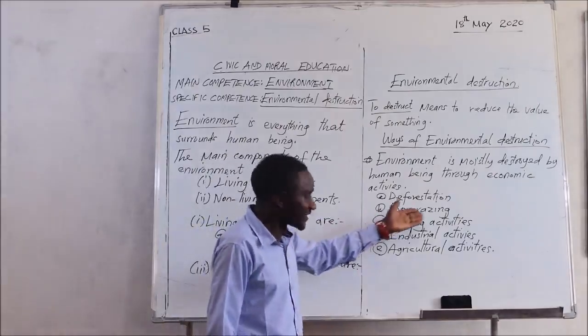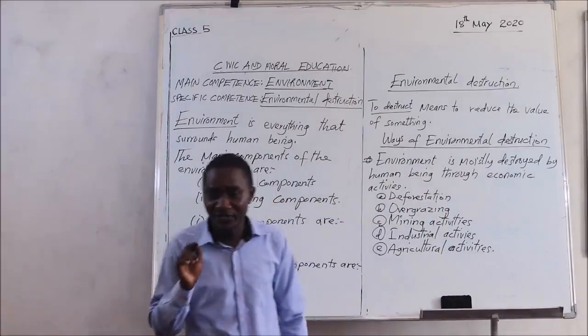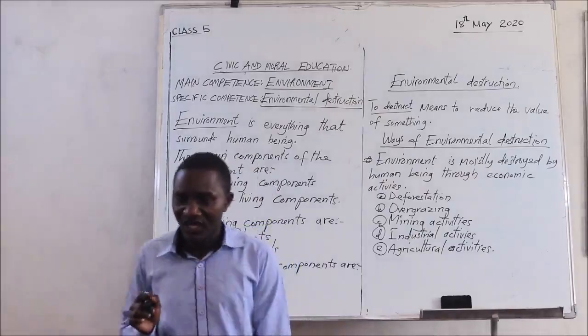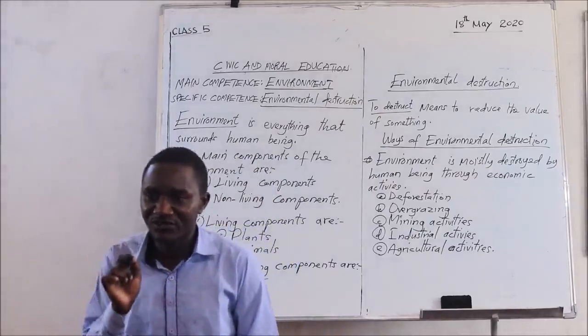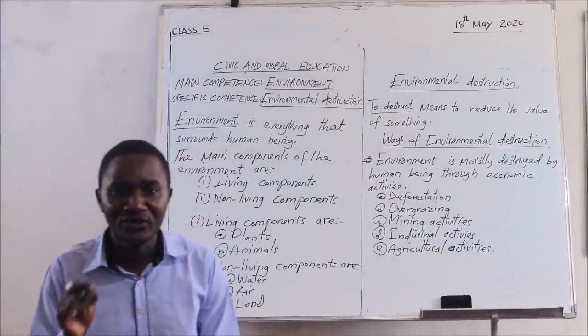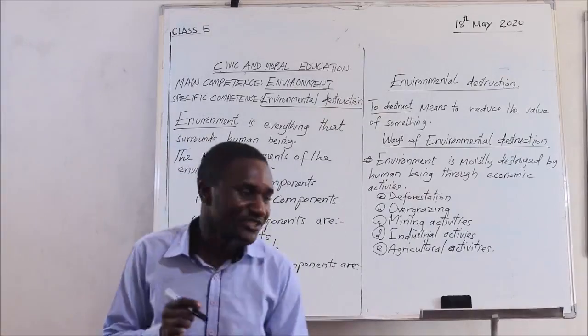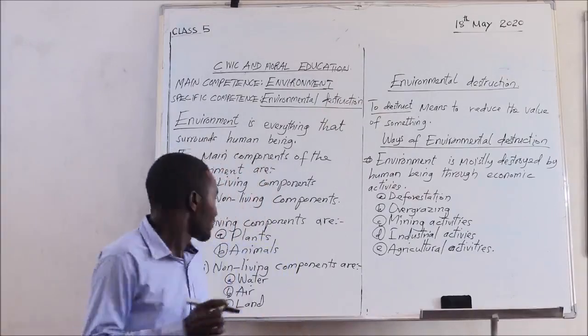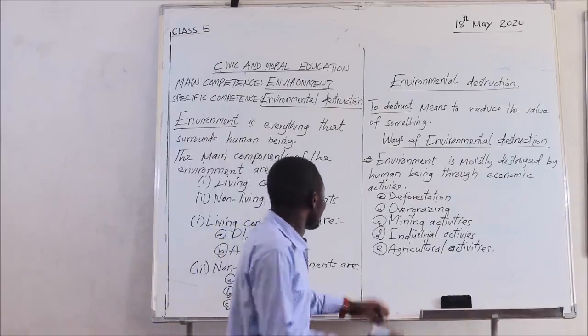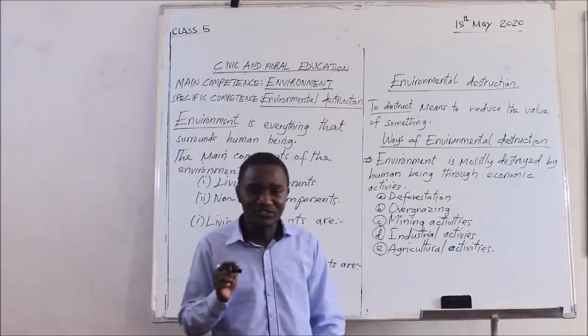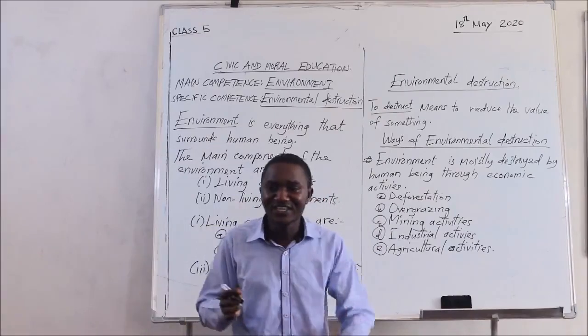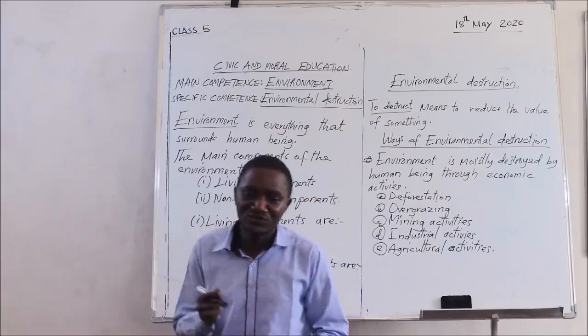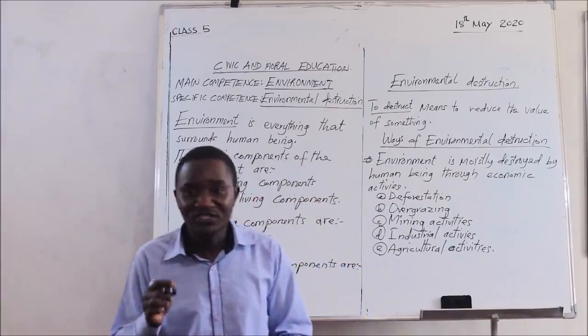Let us see about overgrazing. When we say overgrazing, we are talking about the process of keeping a large number of animals in a small piece of land or in a small area. So you find a large number of animals is kept in a small area, which led to the destruction of that area.